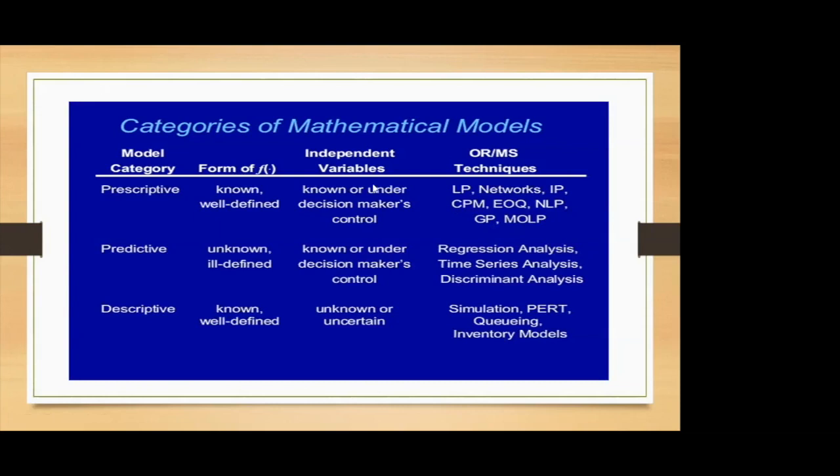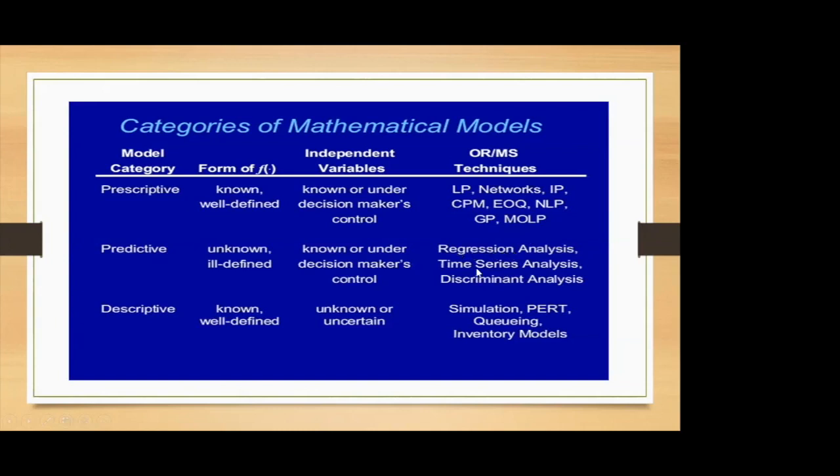Here, the independent variable, known or unknown, is under the decision maker's control. This prescription is under the decision maker's control, so it's known and well defined. It's a form of a function. And prediction: you might have heard about regression analysis, time series analysis, discriminant analysis. All these are predictive analytics techniques. We would have done regression analysis in our reports, in our PhD reports also.